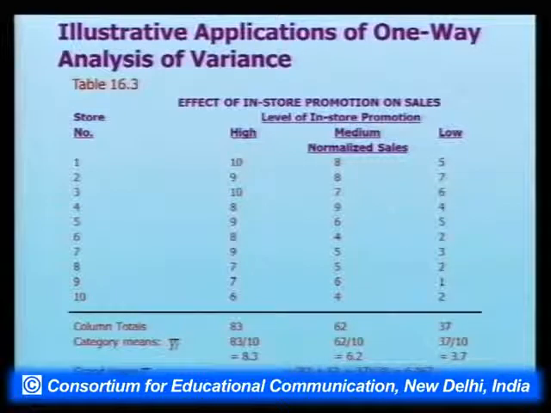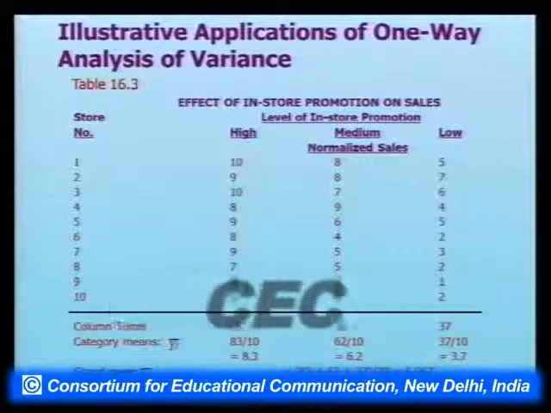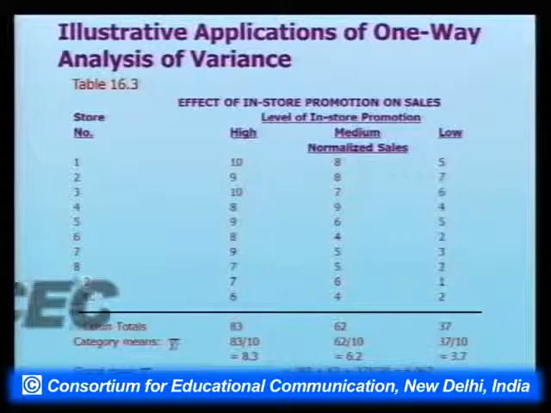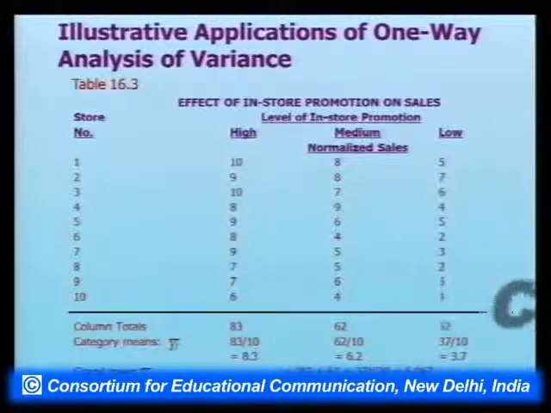If we take the total of it and find the mean, we find that the mean sales when there is a high level of promotion is 8.3, the mean sales when there is medium promotion is 6.2, and the mean sales when the in-store promotion is low is only 3.7.